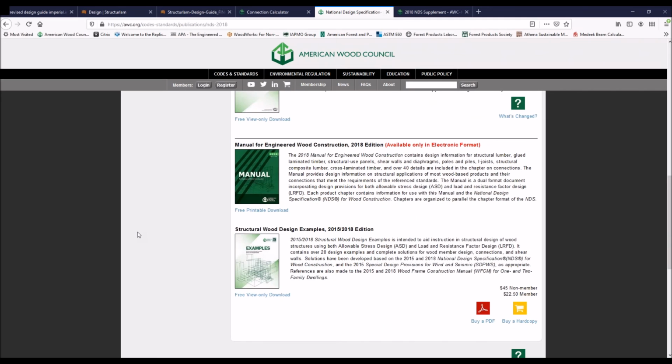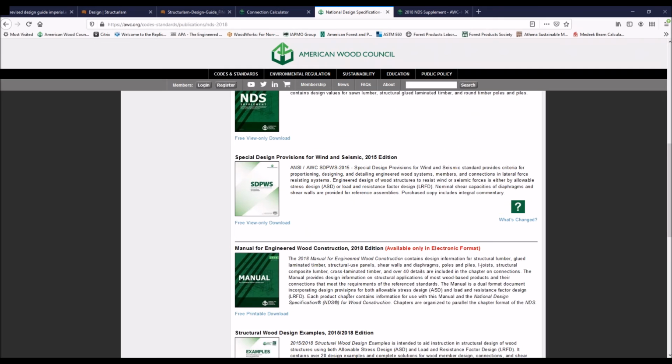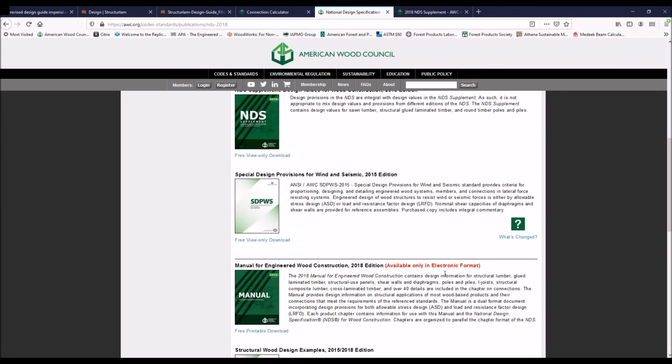And if you keep going, there it is, the structural wood design examples. It is available for a free view only download as well. You can purchase a PDF copy or you can purchase a hard copy. Sadly, I did not autograph them. But they are available from our website if you're interested in getting a hard copy.